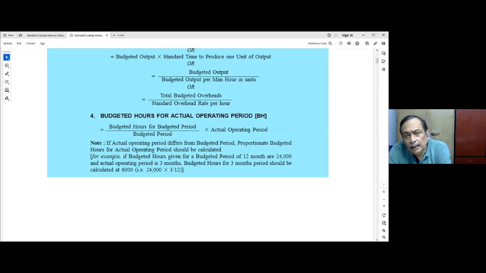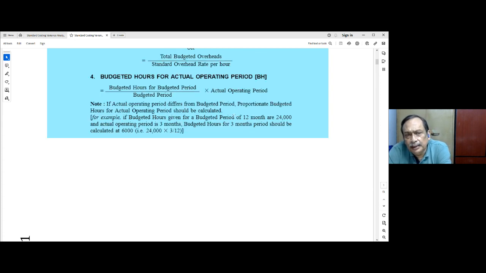Then comes budgeted hours for actual operating period. In short, it is called BH. That is budgeted hours for budgeted period divided by budgeted period into actual operating period. Now, if actual operating period differs from budgeted period, proportionate budgeted hours for actual operating period should be calculated.